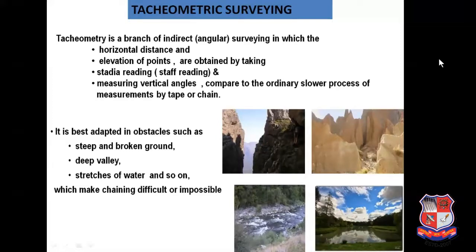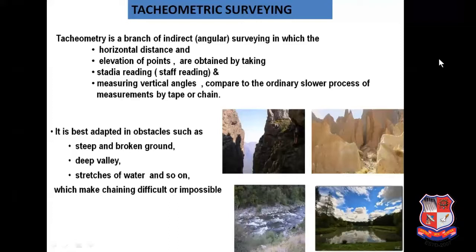What is tachyometric surveying and in which type of the field condition we have to apply this tachyometric surveying. So tachyometric surveying is a branch of indirect surveying in which horizontal distance and elevation of points are obtained by taking staff reading and measuring the vertical angles in the field compared to the ordinary slower process of measurements by chain or tape.